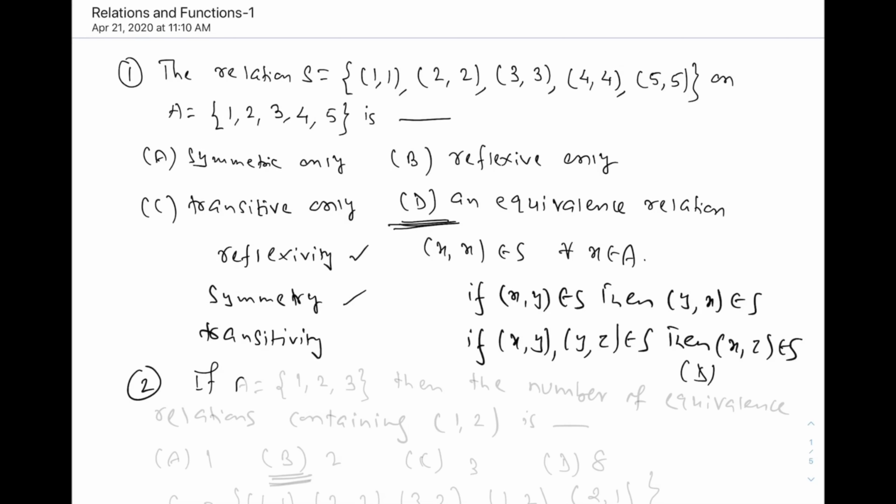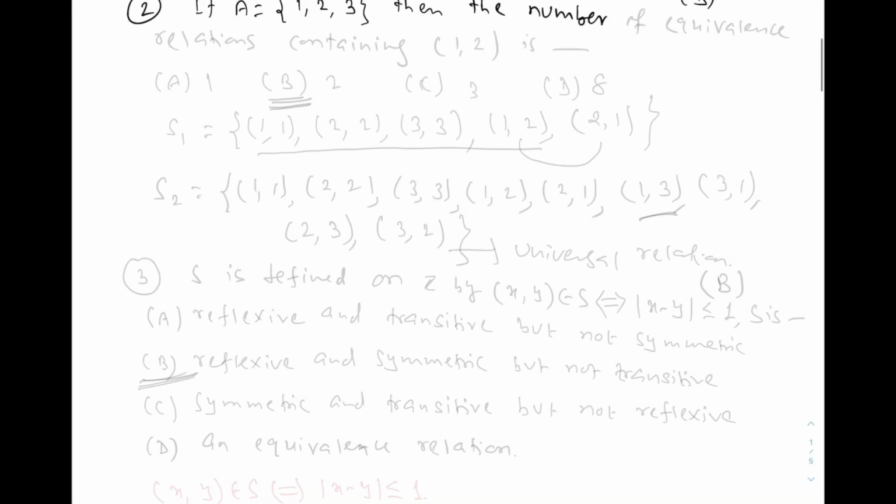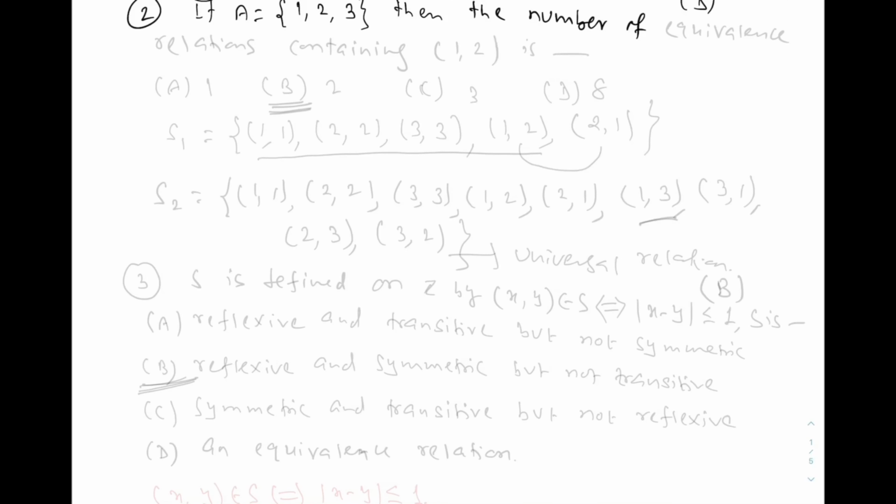If A equal to {1, 2, 3}, then the number of equivalence relations containing (1,2) is blank.